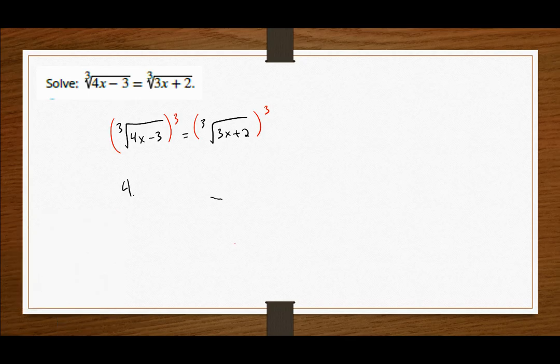This leaves me with 4x minus 3 on the left-hand side and 3x plus 2 on the right. Shuffling around my terms using the addition and subtraction properties, I can come to a conclusion pretty quickly about the solution of this problem. We're left with x is equal to positive 5.